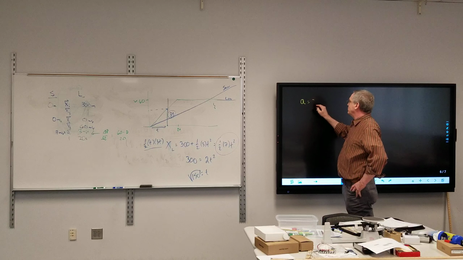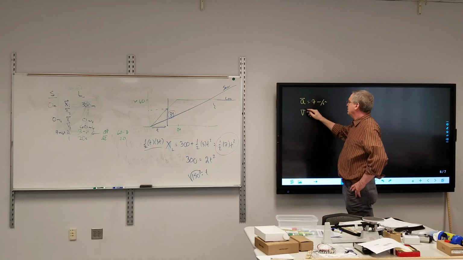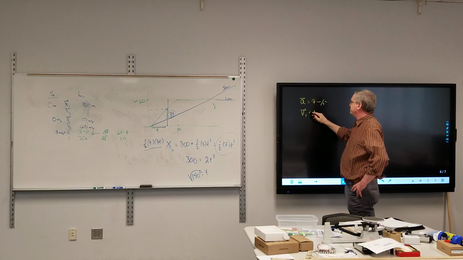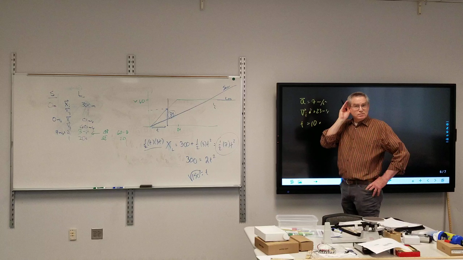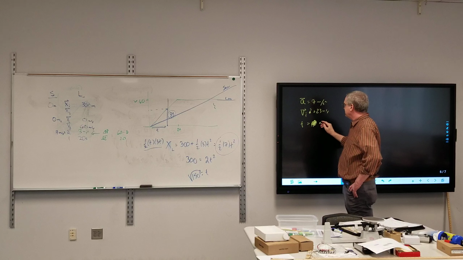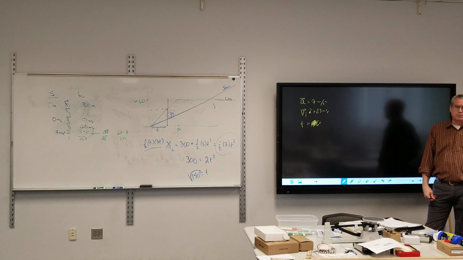All right, so acceleration was -7 meters per second squared. The initial velocity was positive 23 meters per second, and time was 6 seconds. And the question is, what is the distance traveled?